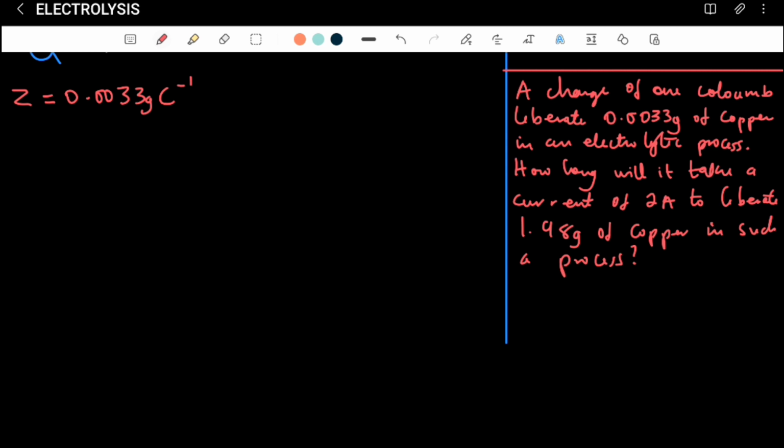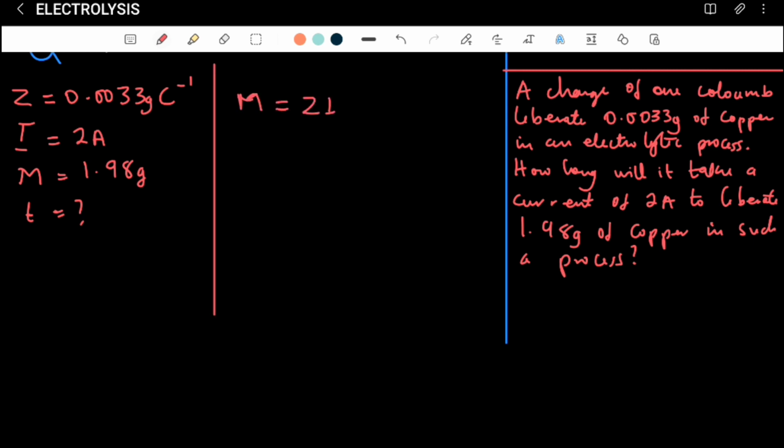All right, we have the current, that's 2 amperes, and then we have the mass, that's 1.98 grams, given in the question. So what exactly are we asked to calculate? The time, how long it will take, the time in seconds. So that will be M equals ZIT.